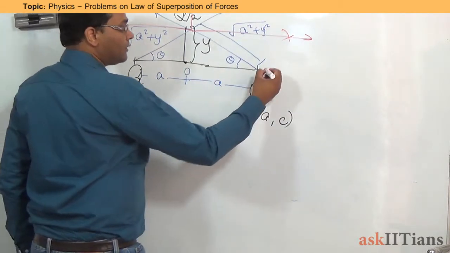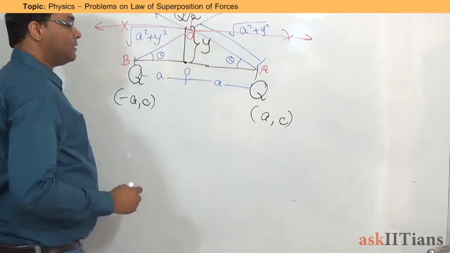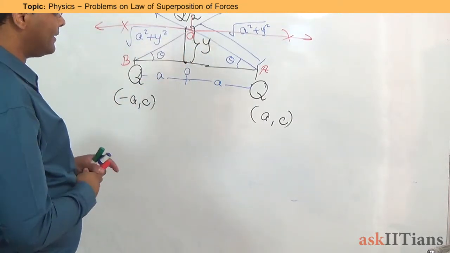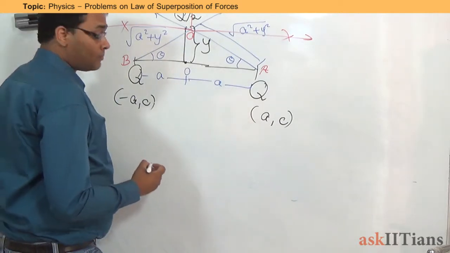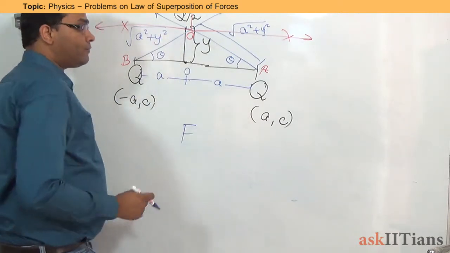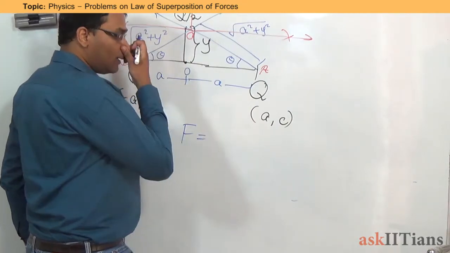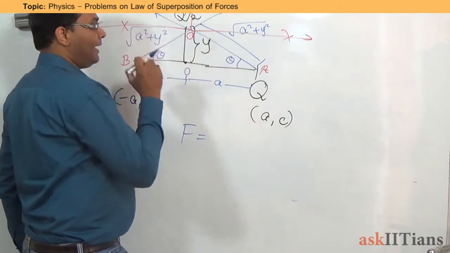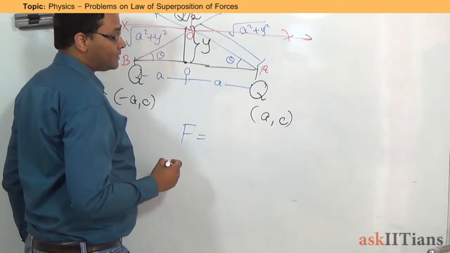Further, if I name this A, this B, and this O, we will find the net force at the point O. The net force basically is going to be along the sine theta direction.